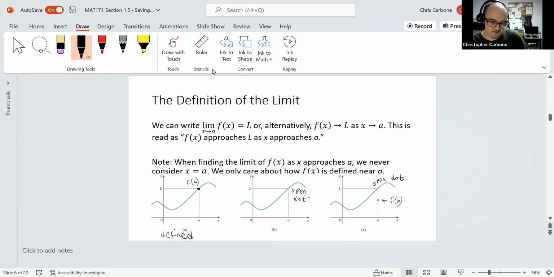But in this case, f of a and L are not the same value, since the limit deals with approaching that value, which is why this one's a bit different. Even though it's defined in this case, that does not necessarily always mean it is our value.